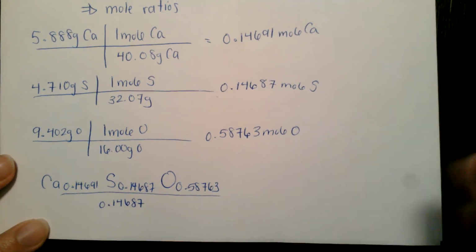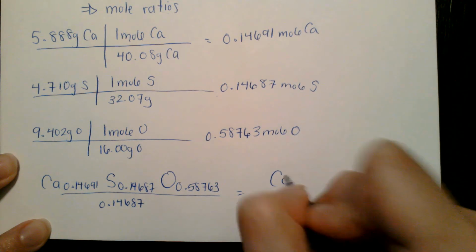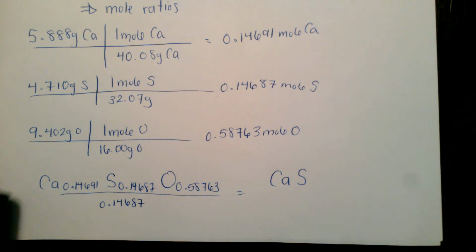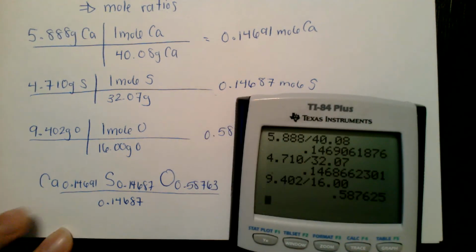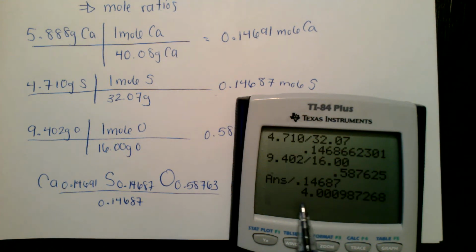Okay, so I'm going to divide all of these through by the smallest number, 0.14687. When I do that, I have 1 for calcium, I have 1 for sulfur. Now I'm going to take my oxygen and divide it by 0.14687, and I get the whole number of 4.